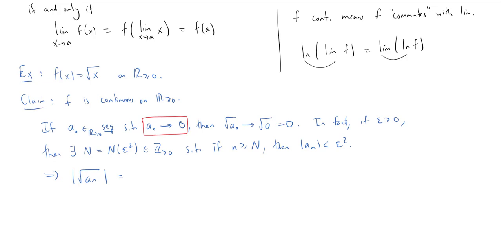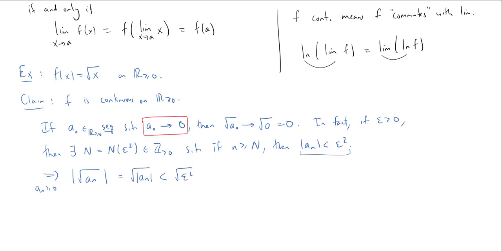The square root is returning a positive number, so that's fine. So I could drop those absolute values and just get the square root of a_n. On the other hand, all these a_n's we're getting are non-negative. So if I wanted to add some absolute values, that doesn't hurt anything. We know a_n is at least 0, so dropping these absolute values or adding them does nothing. But I do have this nice expression here that I already know. Again, these absolute values were superfluous, but let's just keep them there for now. So I know that this is less than the square root of epsilon squared.